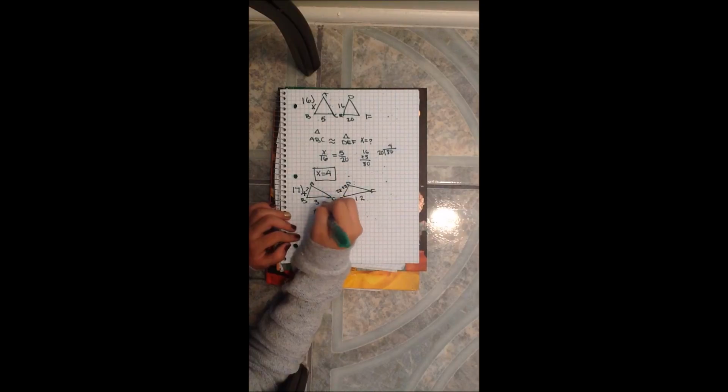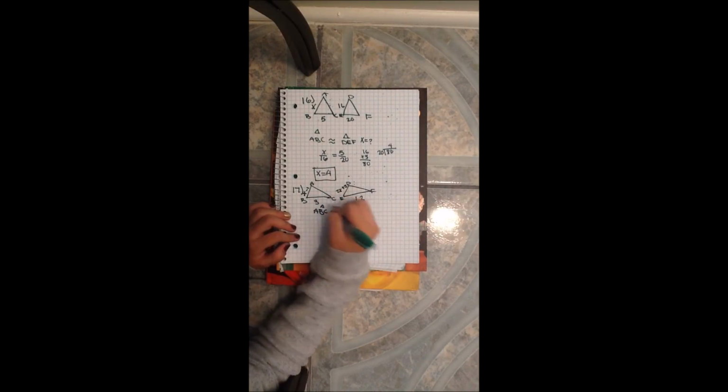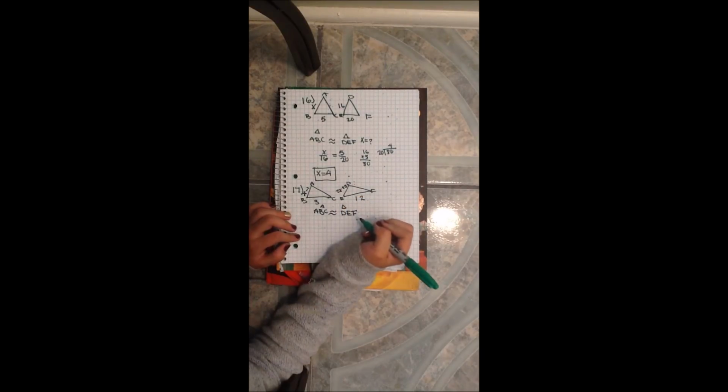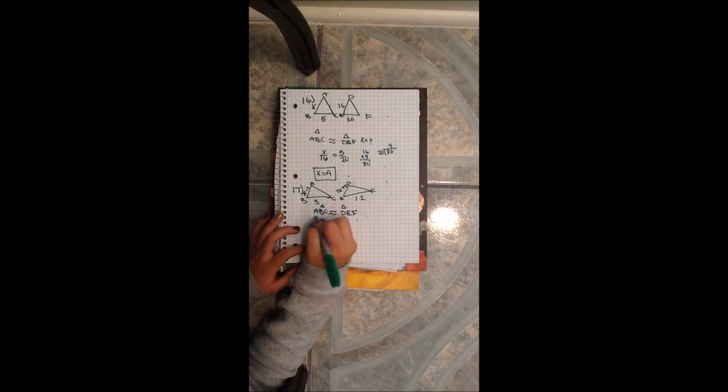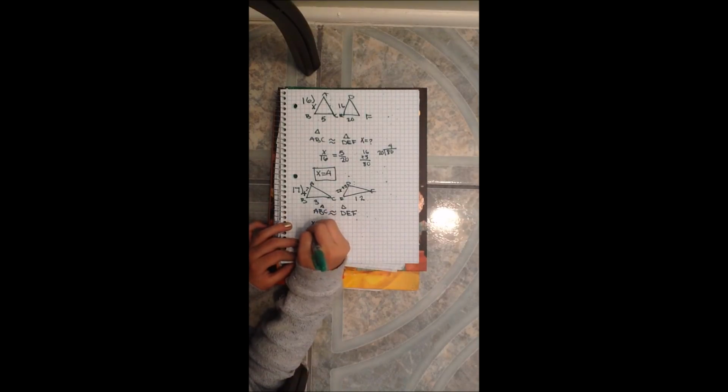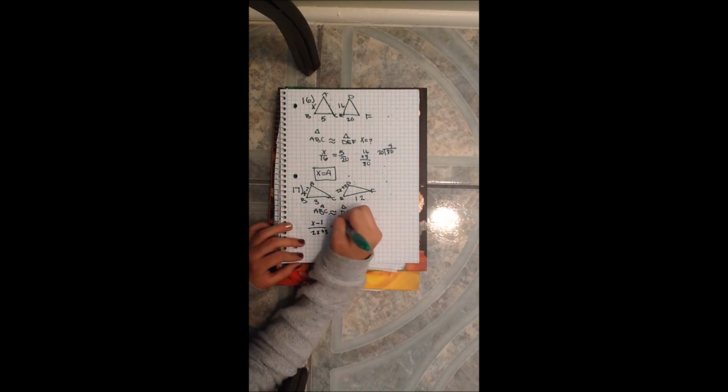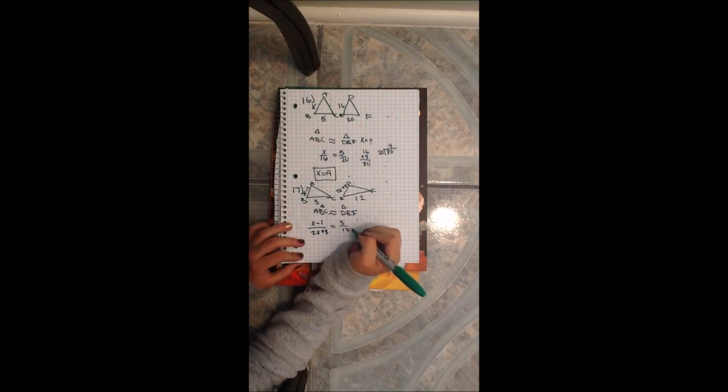Triangle ABC is similar to triangle DEF. So these two are similar because it's AB and then DE. So X minus 1 over 2X plus 3 equals 3 over 12.